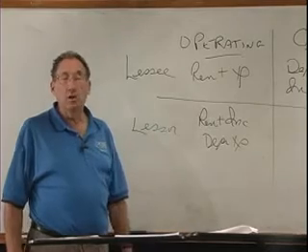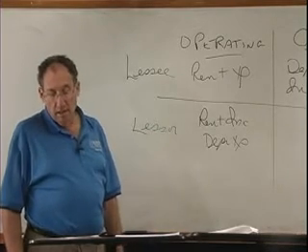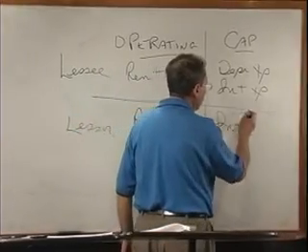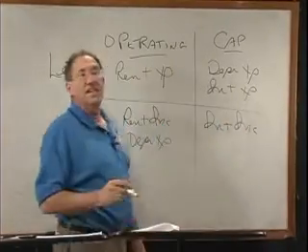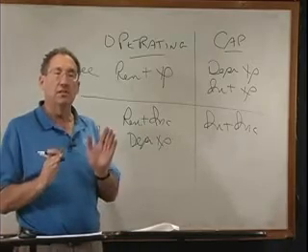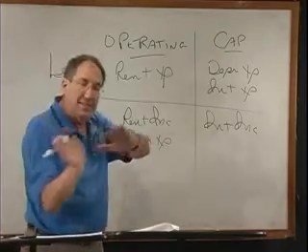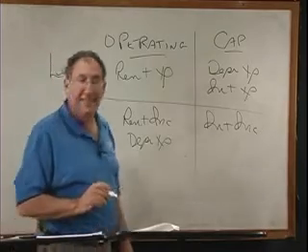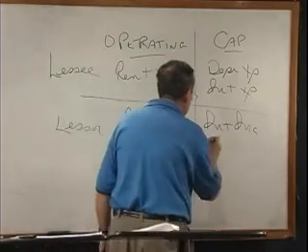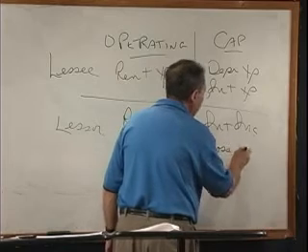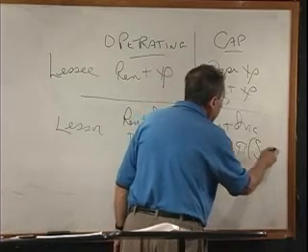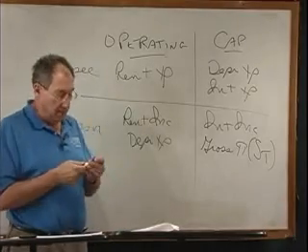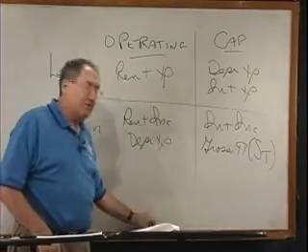In a capital lease for a lessor, the lessor would have interest income, would not have depreciation expense because the leased asset would have been taken off of the books, would have interest income, and if it's a sales type lease, would have a gross profit in the year of sale. ST is sales type.